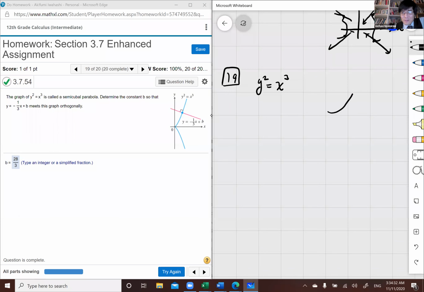So what does meeting orthogonally mean? It means it is perpendicular to the tangent line. So this one is actually the normal line at some point of the curve. We don't know what this point is yet, but we know that the normal line has a slope of negative 1/3.